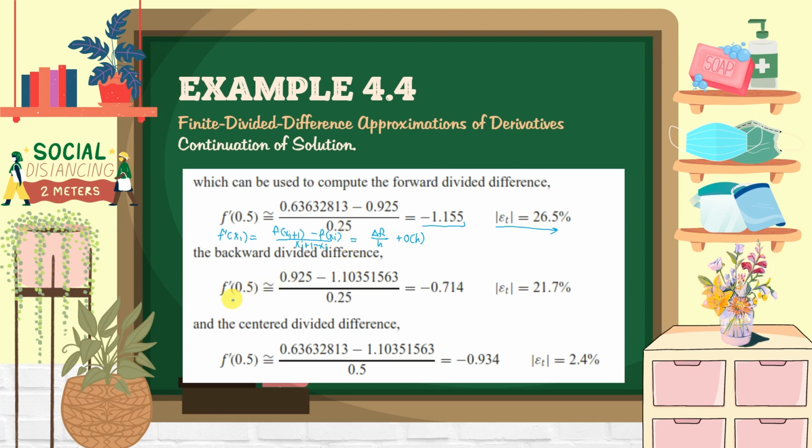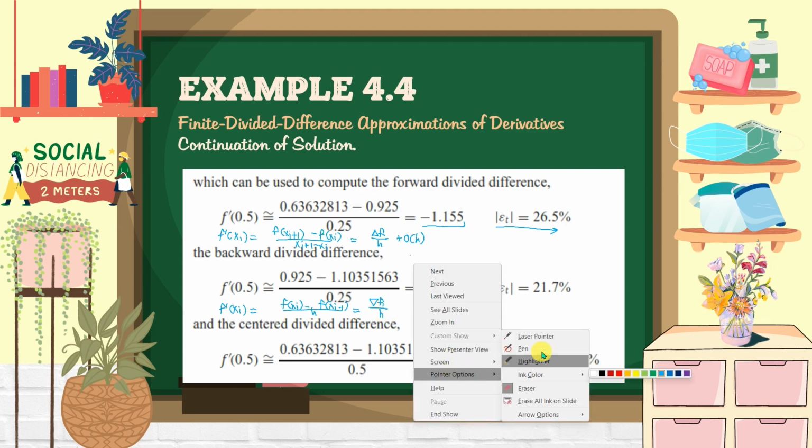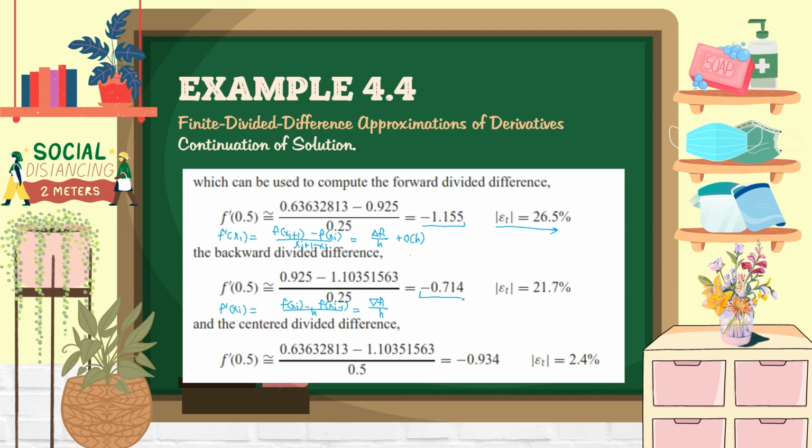And for the backward divided difference, the first derivative at x sub i equals f(x sub i) minus f(x sub i minus 1) all over h, or represented by inverse delta f sub i all over h, which will have a value of negative 0.714, with a true percent relative error of 21.7%.